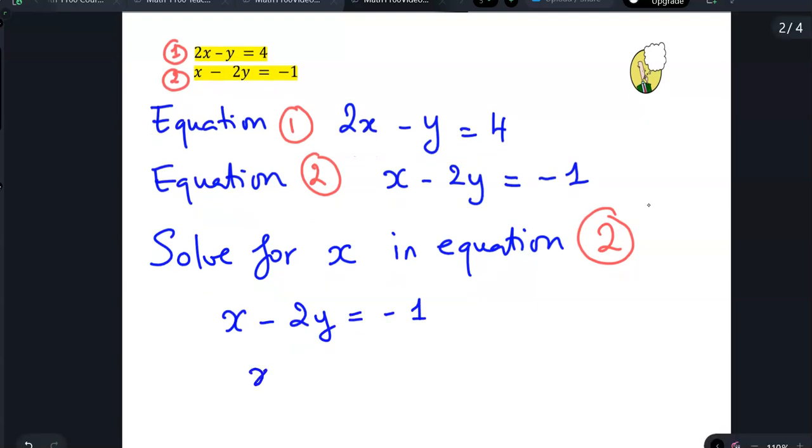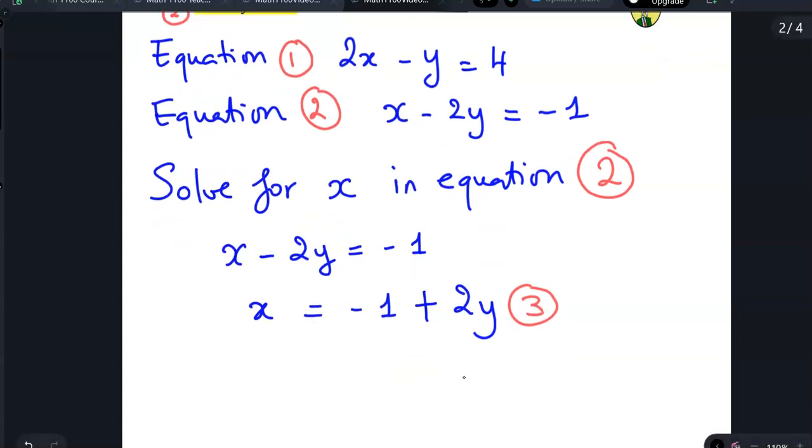Solving for x, that means I will bring all the terms that have nothing to do with x over to the other side of the equation. So this will become minus 1 plus 2y. Then I will label this equation as equation number 3.